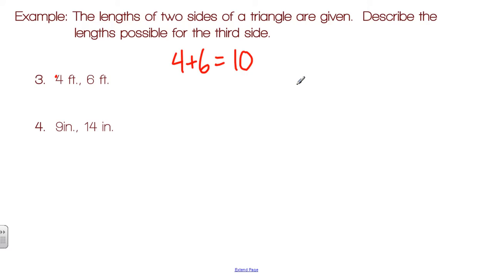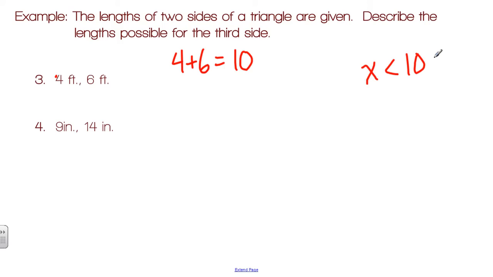But now we always want the sum of two sides to be bigger than the third. So we want our side, let's call our side x, to be less than 10. Because if it's longer than 10, then the 4 and the 6 side are not long enough to connect that triangle.